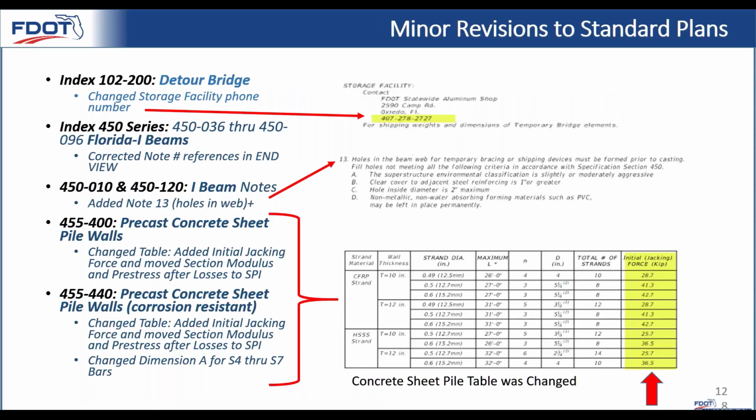With all the changes last year, changing the standard plans and the renumbering, we made a few little misses. One was that we missed that the storage facility phone number had changed. So pay attention to that if you're using the temporary detour bridges.